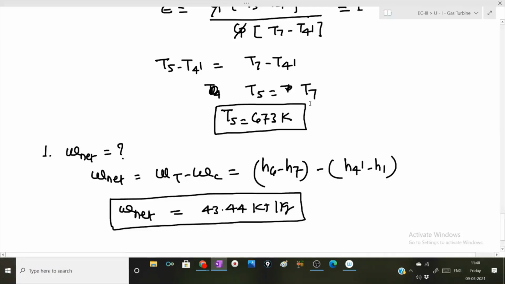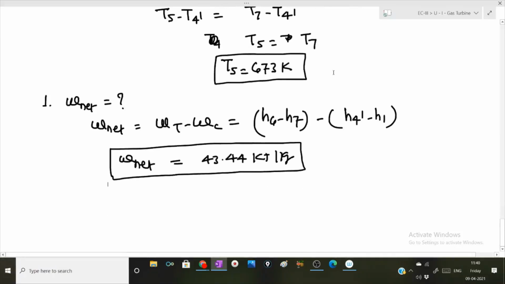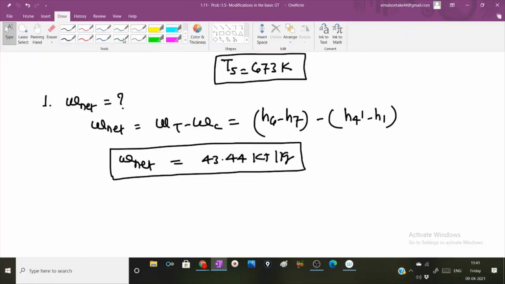Now we have to compare this specific work output after carrying out regeneration with the basic cycle. So we have to put our comment here.